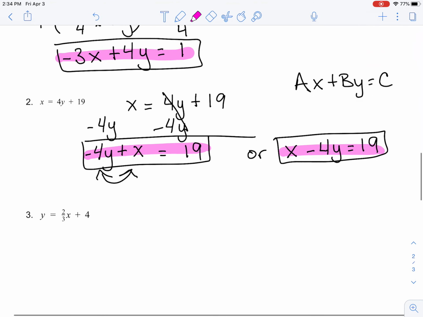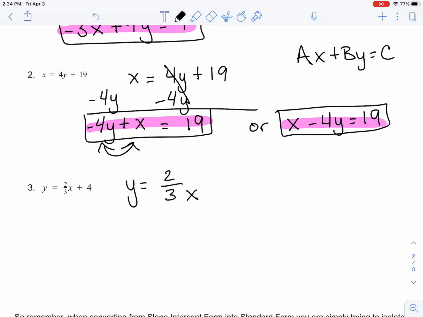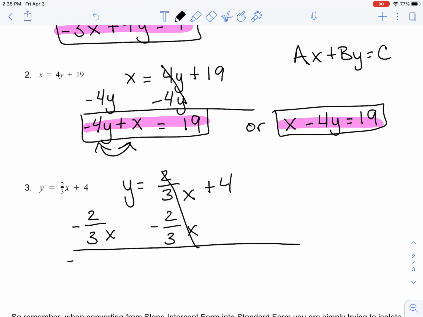Our last example has another fraction because I wanted to show you guys that again. So we have y equals 2/3 x plus 4. First step, move that x away from the constant. Since it's a positive 2/3, we have to subtract it. They cancel, and we have negative 2/3 x plus y equals 4.